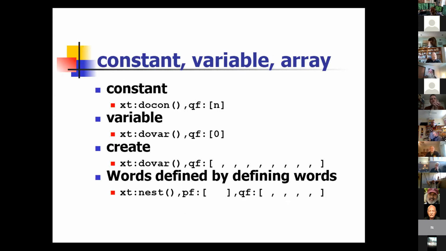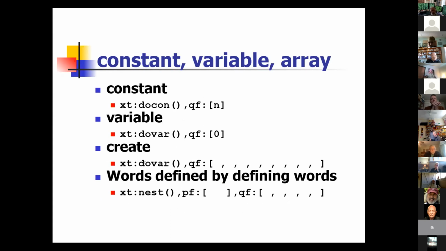So here is an example of constant. You have do count in the code field, and you have a number in the QF, okay? And variable has do var in its code field, and in the QF field it's initialized as 0, but this value can be changed by fetch and store.